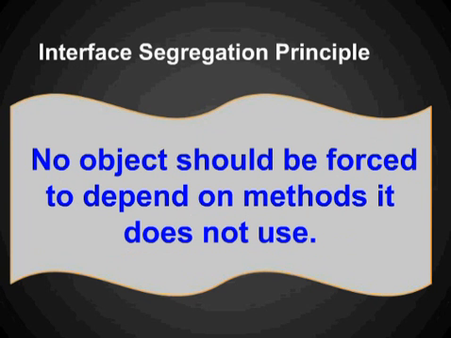Which brings us to our second principle of the day, which is the interface segregation principle, which is similar to the single responsibility principle, which just says no object should be forced to depend on methods it doesn't use. For instance, in my user repo interface, if I added logging or caching or security in there, there may be implementations and there may be objects that don't want to do logging, that don't want to do caching.